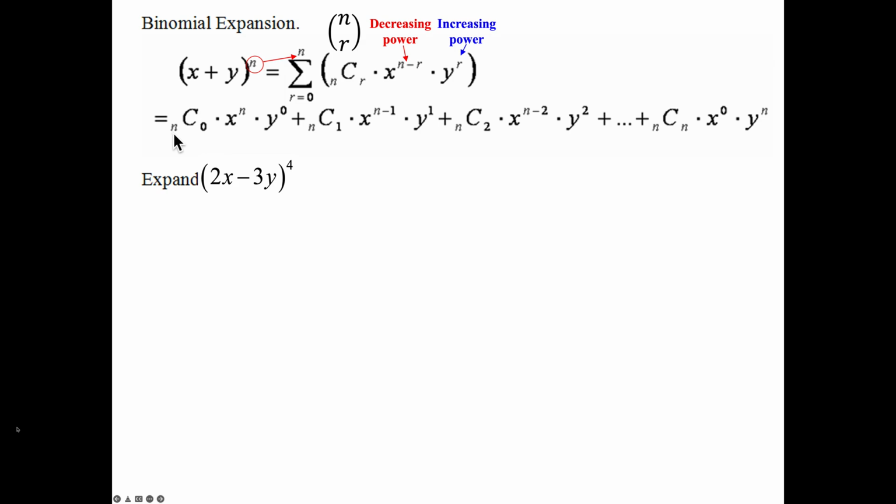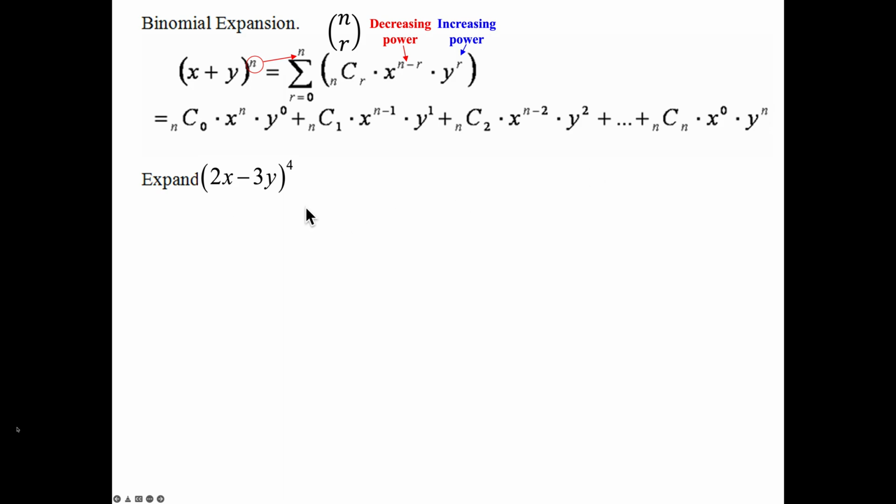So all these terms, there's the numbers of Pascal's triangle. Then we're going to evaluate x^n times y^0, x^(n-1) times y^1, x^(n-2) times y^2, until you get to where the n and the r are the same. You'll have x to the 0 power, and your second term will be raised to the n power.